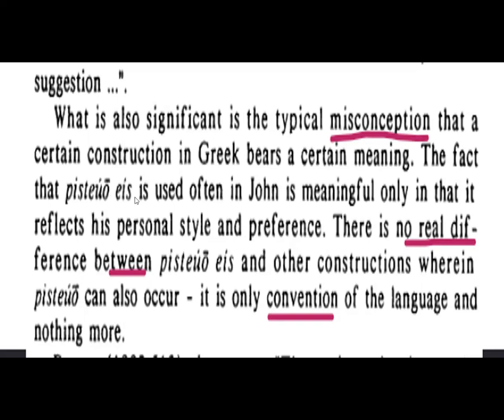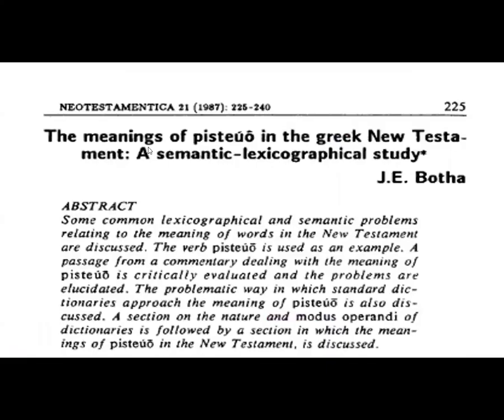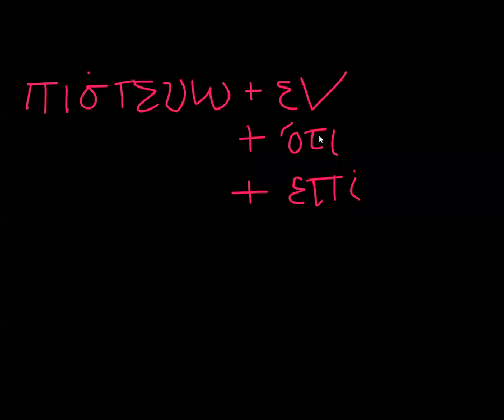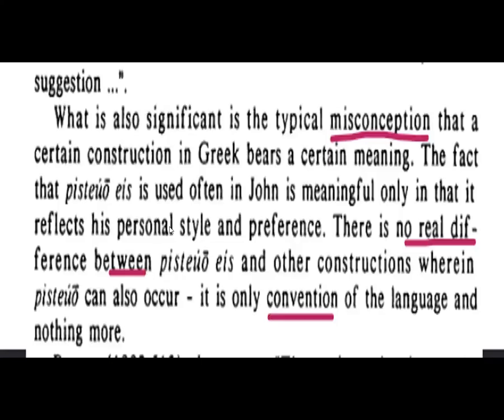The fact that pisteuo eis is used often in John is meaningful only in that it reflects his personal style and preference. There's no real difference between pisteuo eis and other constructions where pisteuo can also occur. It is only conventional language and nothing more." Okay, so Chay's bringing this up before we go into discussing these variations. He wants us to know about this from Botha.